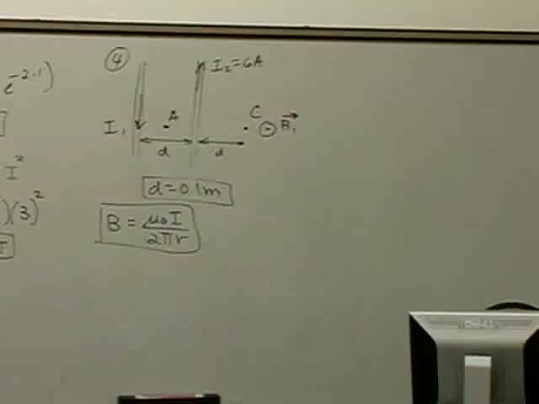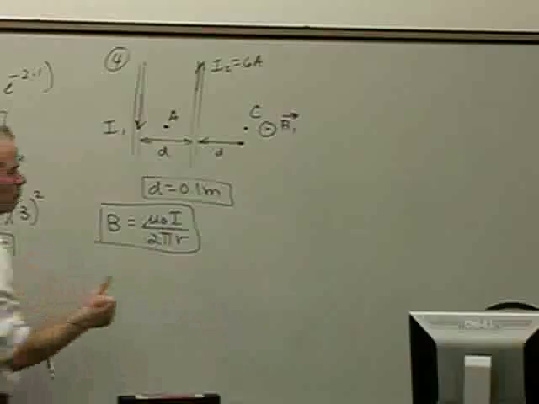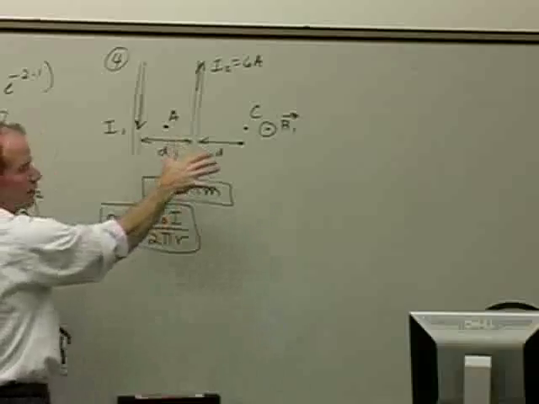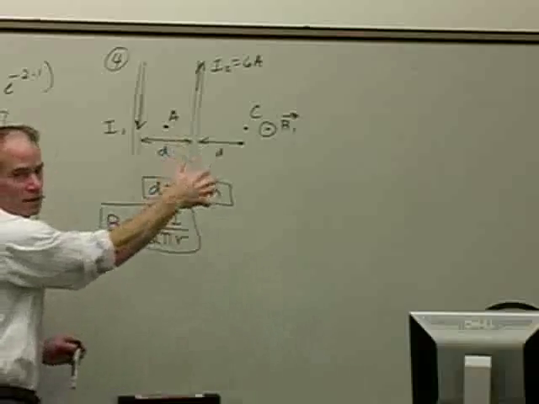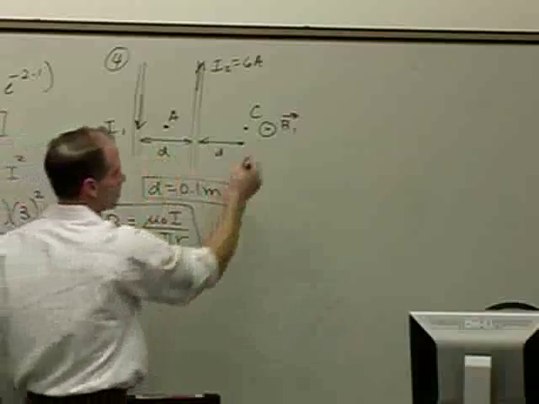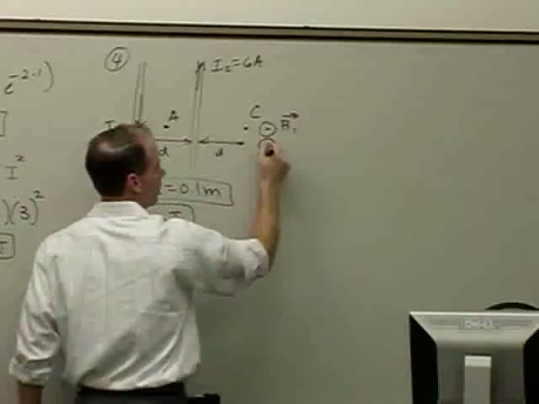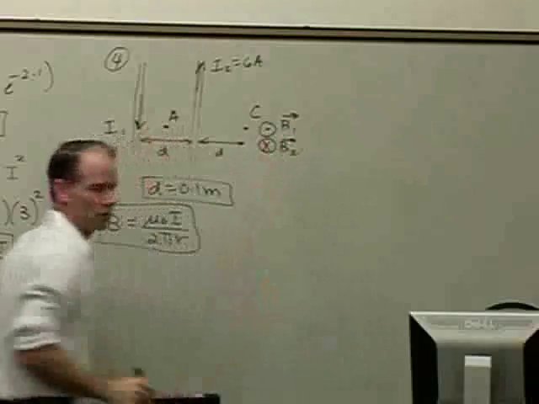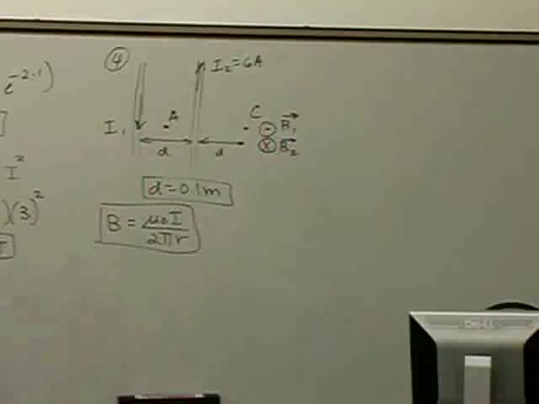If I look at wire number 2, by the right-hand rule, when the current goes like this, everything to the right of this wire will be into the page. Everything to the left of this wire will be out of the page. So in the vicinity of C, there will be another field, called B2, that will be into the page. It's possible that the magnitude of these two fields were equal.